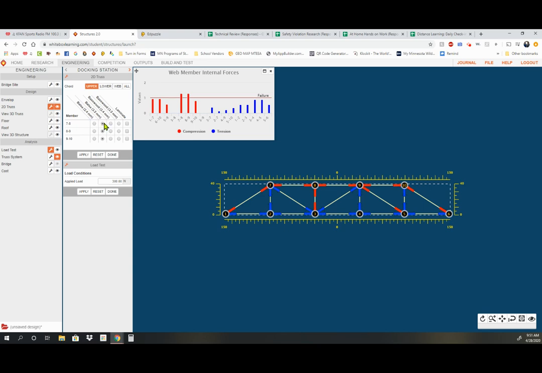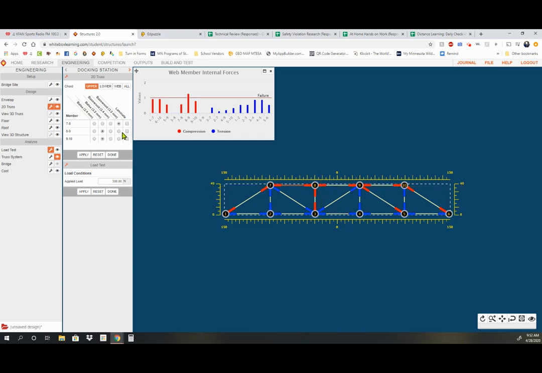Also, maybe I can go to basswood, and I click on basswood, and now maybe if I apply that, will my 7/8 change? It's going to take some time here. Notice now my 7/8 got stronger.